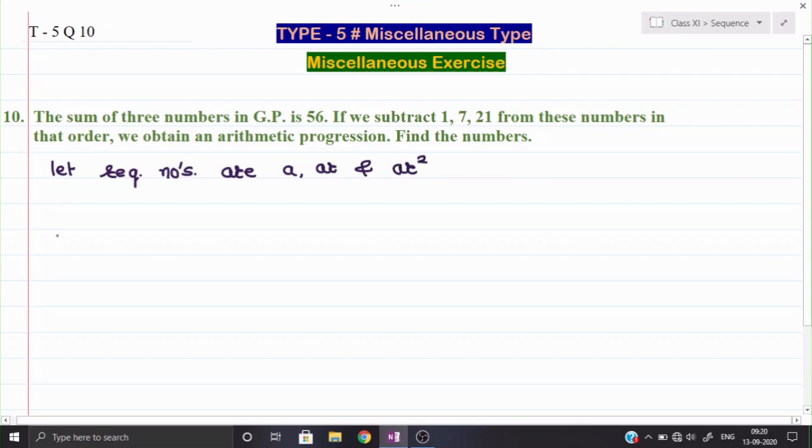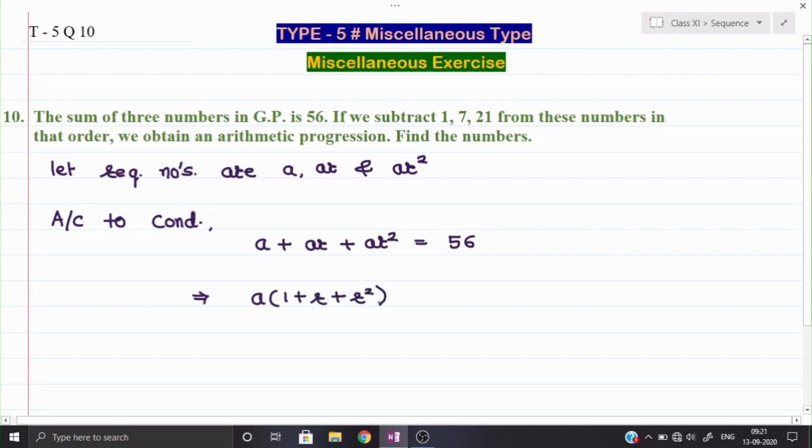Now, according to the condition, or you can write, according to the question, we are given that the sum of the three numbers, A plus AR plus AR square, is equal to 56. That is given to us. So from here we will take A common, so the remaining is 1 plus R plus R square, A times that is equal to 56. This is our equation number 1.